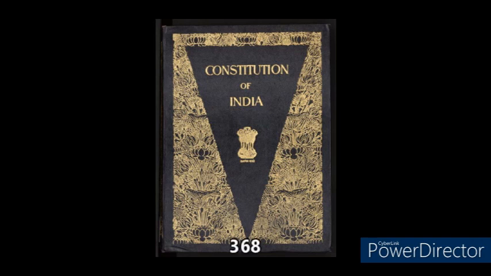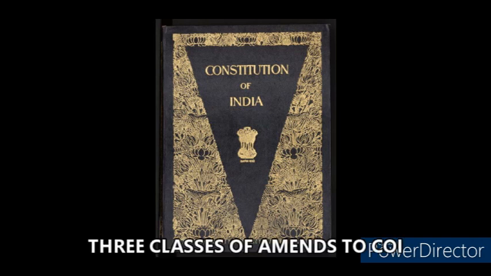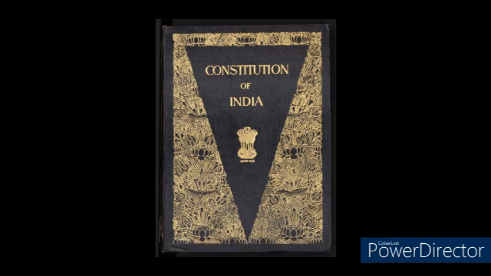When we look at the formal procedure formulated by the framers under the Indian Constitution, we basically see that there are three classes of amendments which can be made to the various provisions of the Indian Constitution.